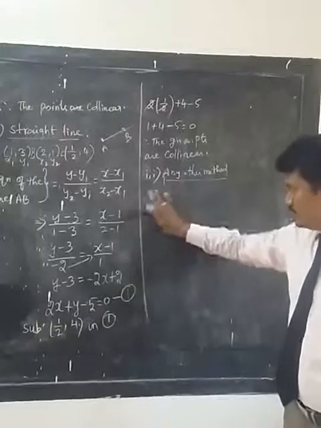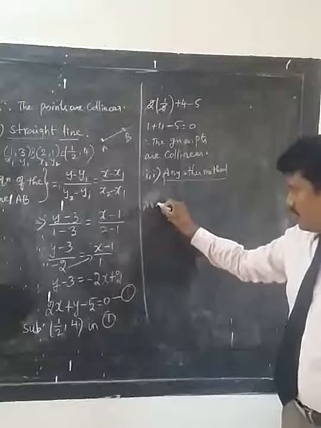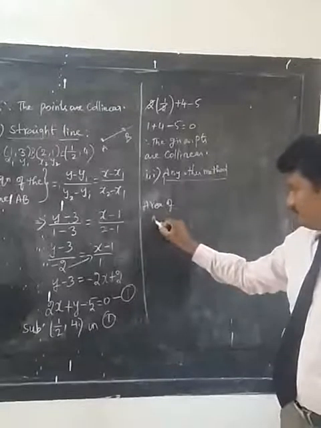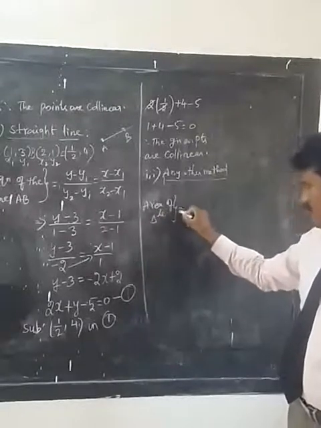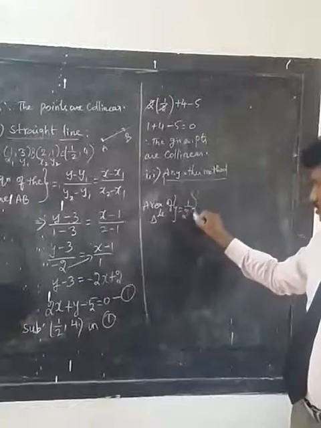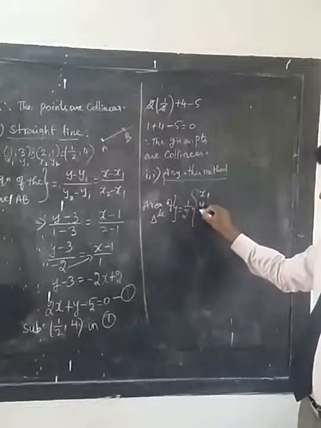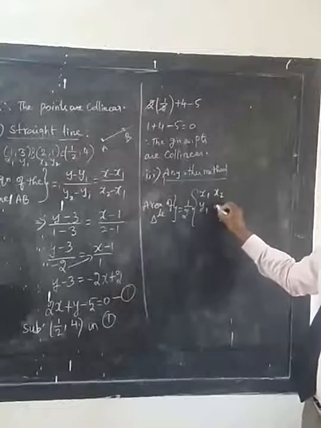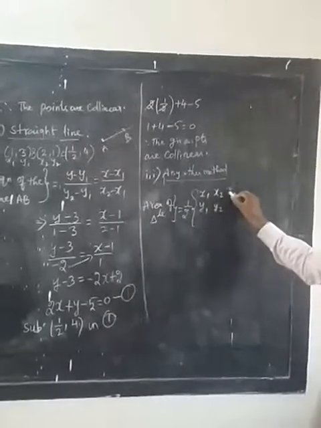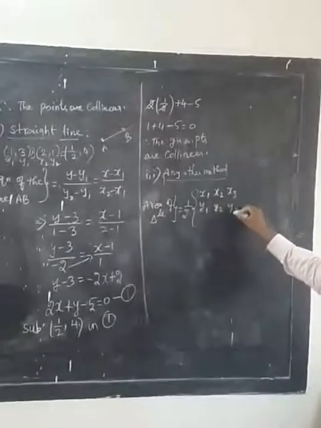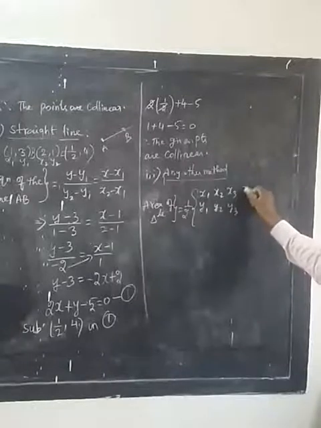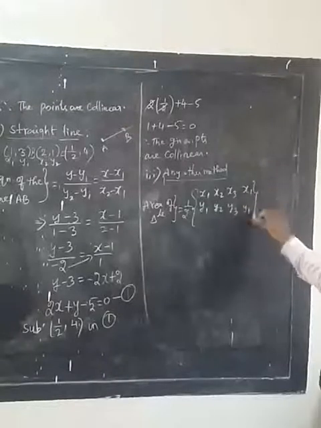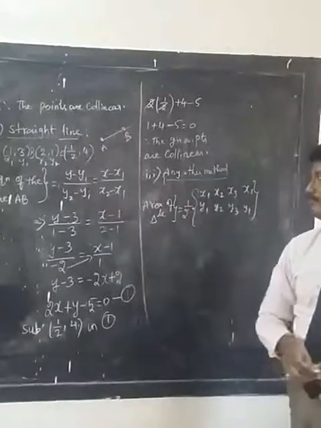So we know that the area of triangle formula is 1 by 2, x1 y1, x2 y2, x3 y3, x1 y1. So this is nothing but the area of a triangle formula.